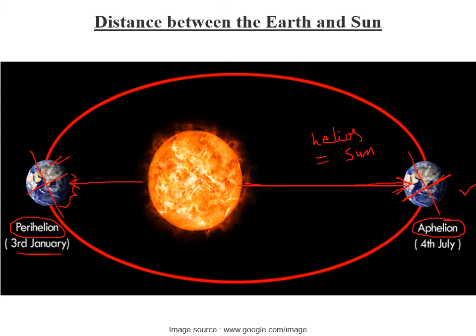So because the distance of the earth and sun varies at different times of the year due to its position in the orbital path, and also because of the tilting of the earth's rotational axis, the temperature difference between the two hemisphere seasons is observed, at least theoretically.